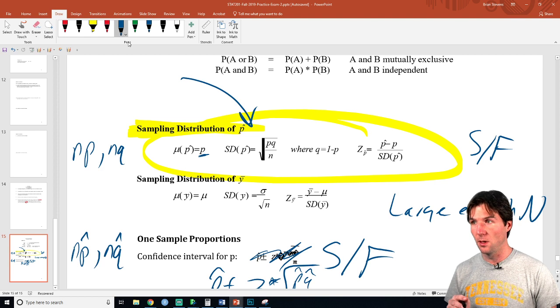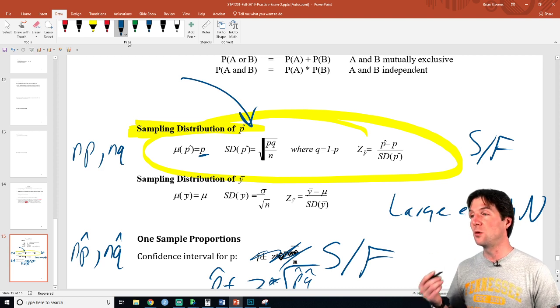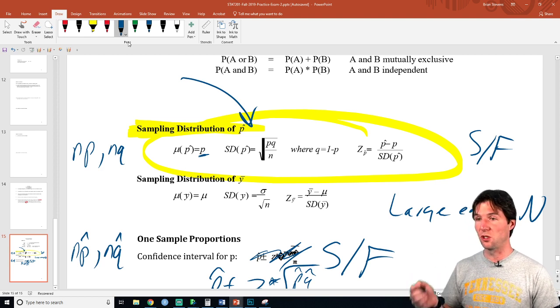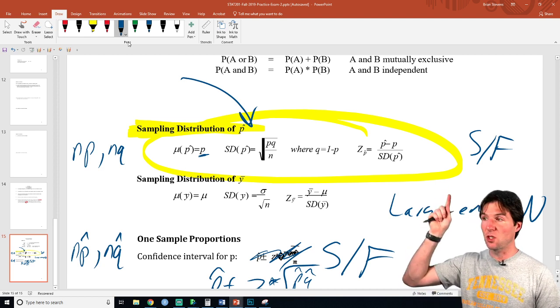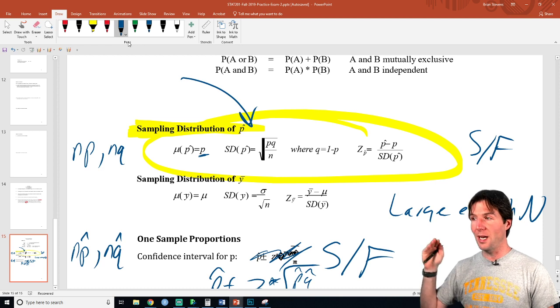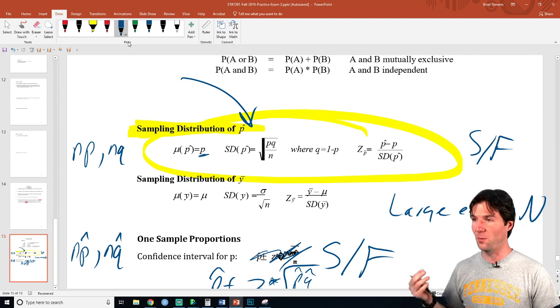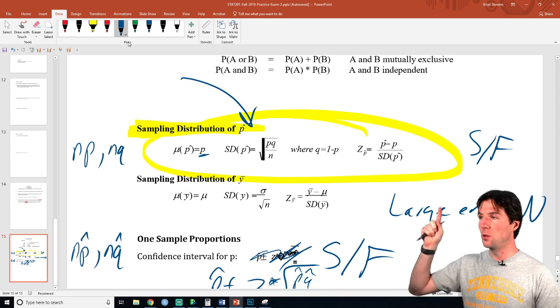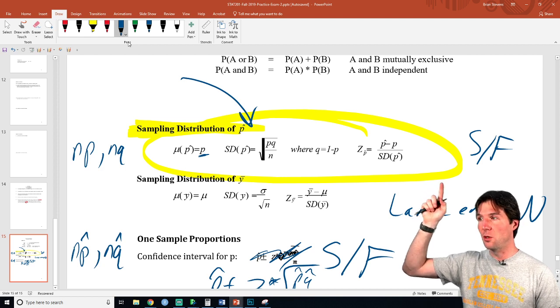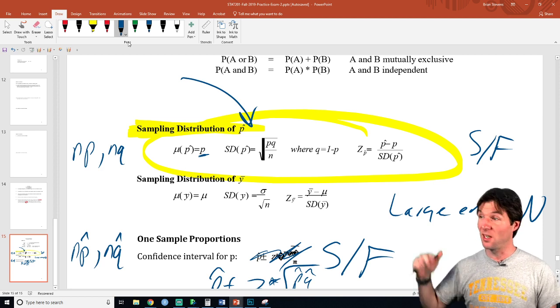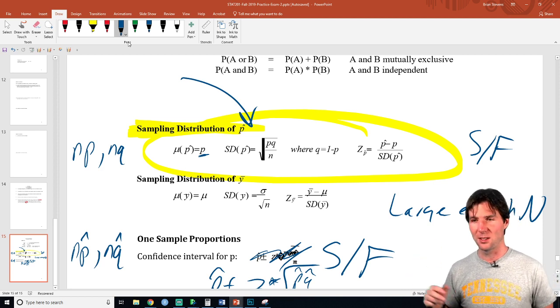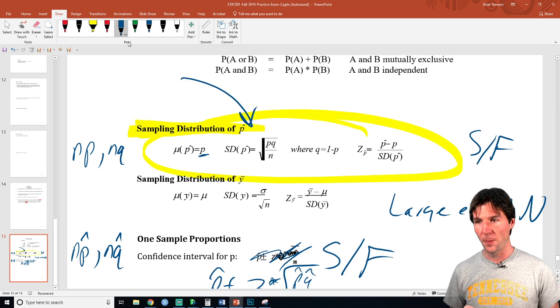But if you know P, you use NP, NQ for the sampling distribution because you know it. In a confidence interval, we're trying to estimate the truth, but with the sampling distribution, we actually know the truth. So when you're estimating the truth and you don't know it, you use NP hat, NQ hat. When you have the sampling distribution, you use NP, NQ because you know the truth. If you know P, you can use P, but down here you don't know it because you're estimating it. I hope that makes a little more sense.